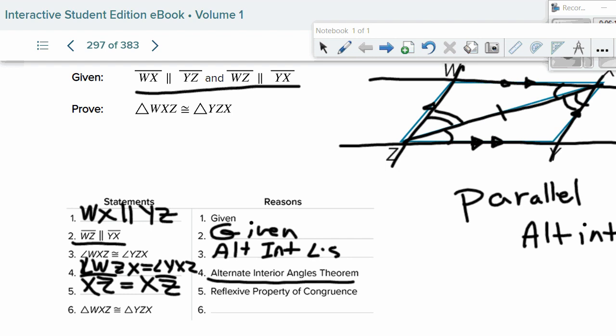Okay, so remember, you got to use three letters. The vertex has to be in the middle. Now that you've got that, in this case, I've got this angle, this side, this angle, equal to this angle, this side, that angle. So that gets me angle, side, angle down here.